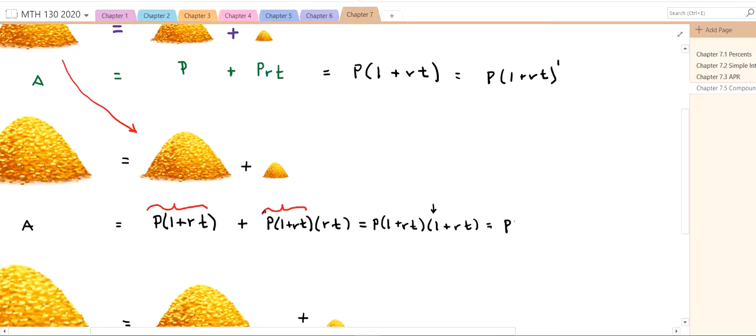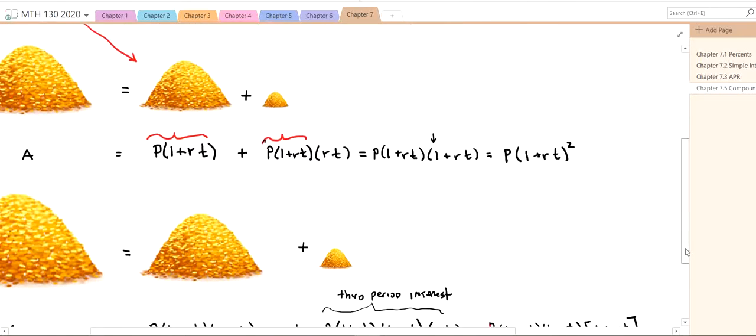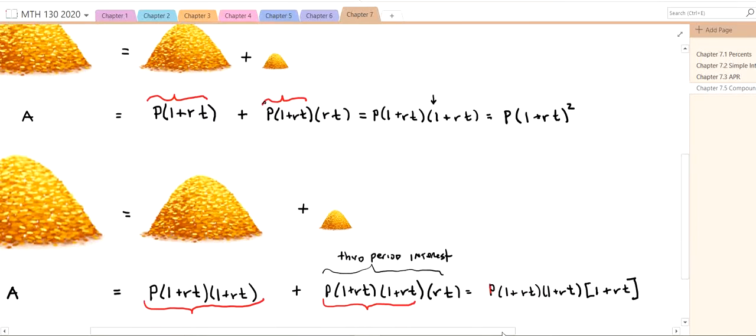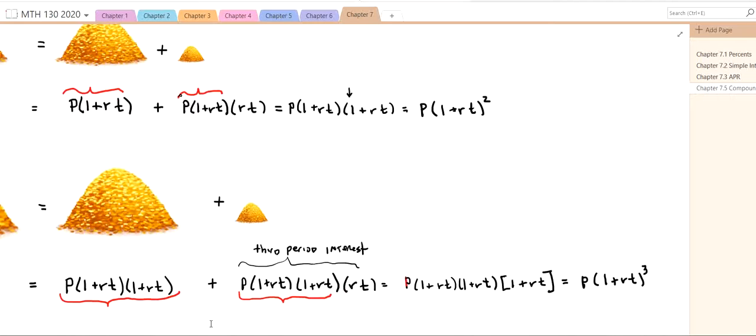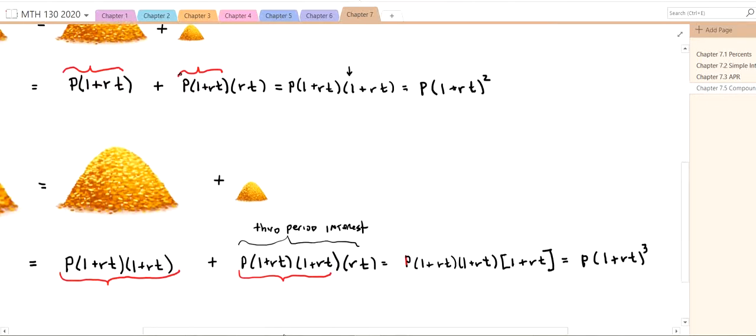Now this is P times 1 plus RT raised to the power of 2. That's after the second round of interest is accumulated. And after the third round, look here, we get P times 1 plus RT cubed. So this is the equation associated with compound interest.